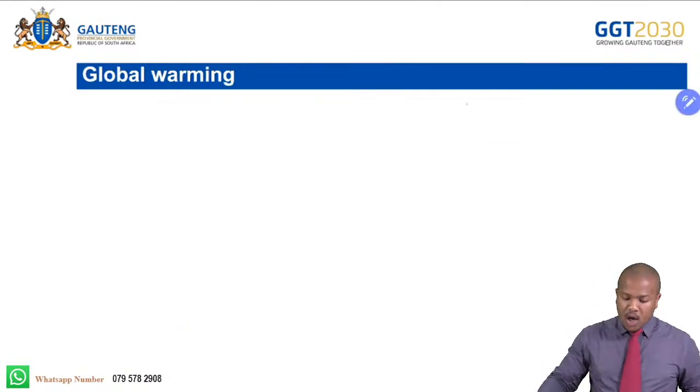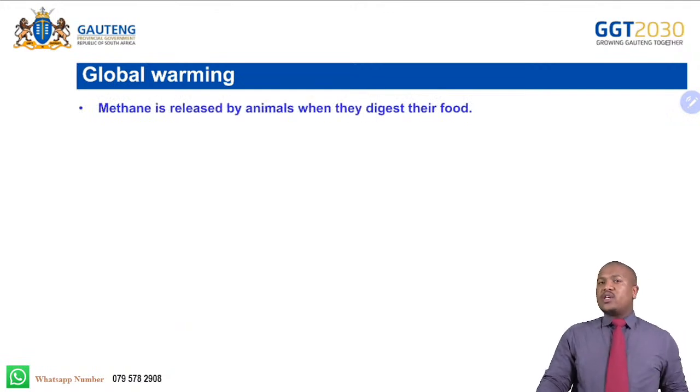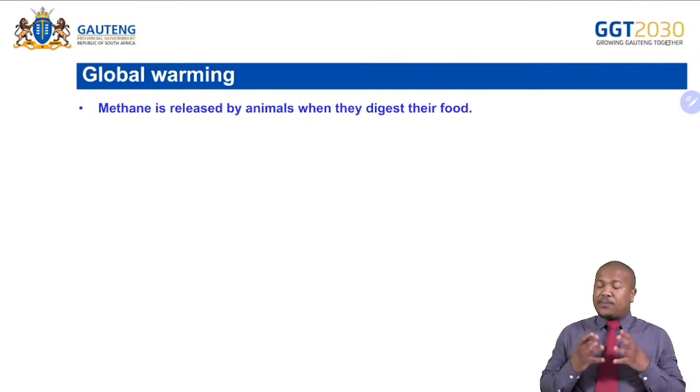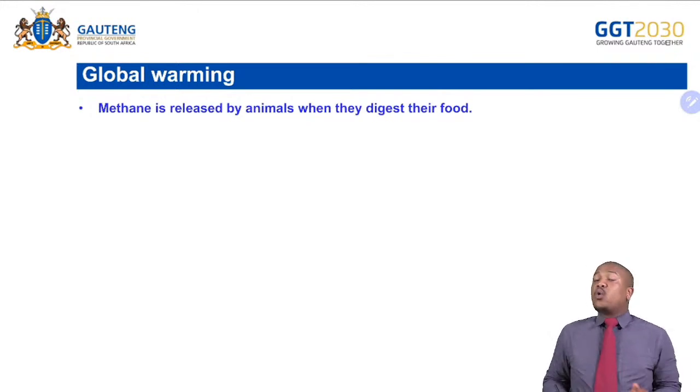So now, methane also is one of the contributing factors of global warming. It is a gas released by animals when they digest their food. Remember, during digestion, there are many processes involved: chemical digestion, mechanical digestion, absorption, reabsorption, and also excretion.